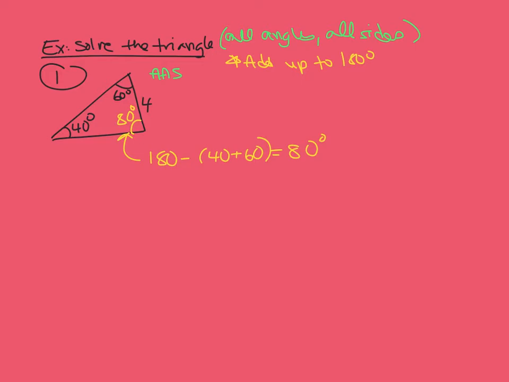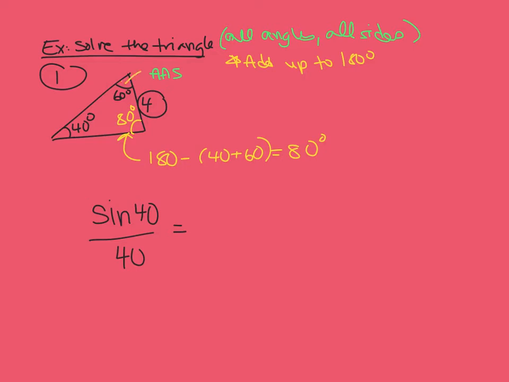When we use the law of sines, we start by using the side that we know, which is that 4, and the angle that's across from that. The angle across from that is the 40, so we're going to do sine of 40 degrees divided by 4. That's going to be equal to, and I don't care what you label A, B, and C, it doesn't really matter.